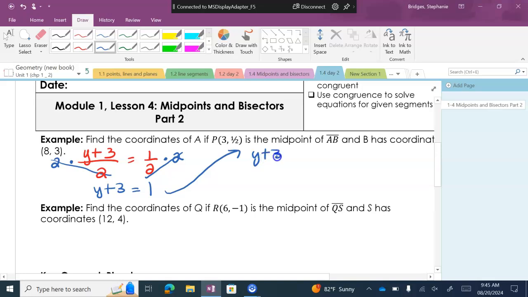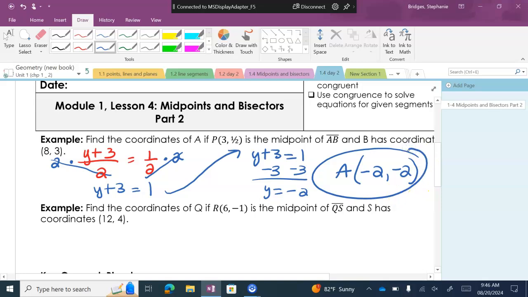So I have y plus 3 equals 1. Finish solving that for me. What would I do? Subtract 3. And so your y value is also going to equal what? -2. So A is going to have an x value of -2 and also a y value of -2. So that's your answer. We have to do both; we're looking for both x and y.